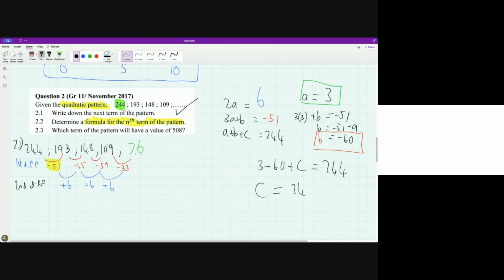I guess it's 244 plus 60 minus 3, so 301. So the equation of this quadratic pattern is going to be a rather large 3n squared minus 60n plus 301.